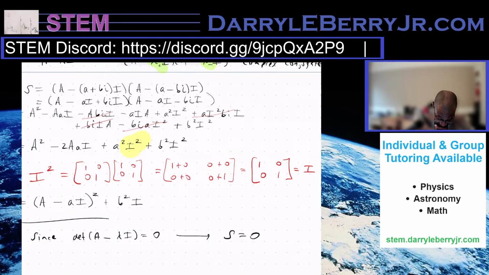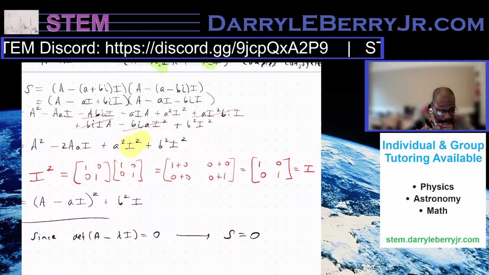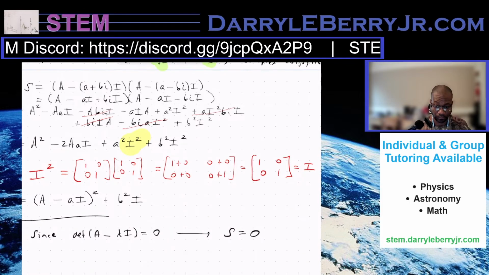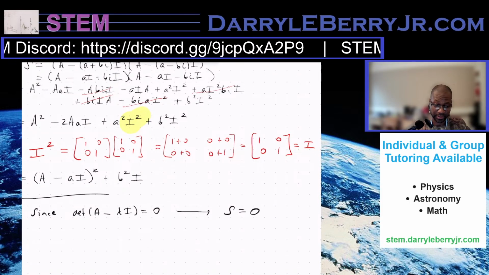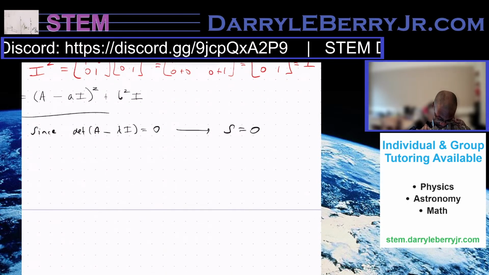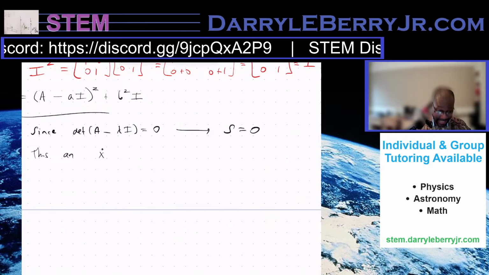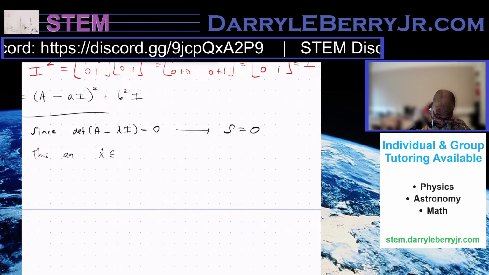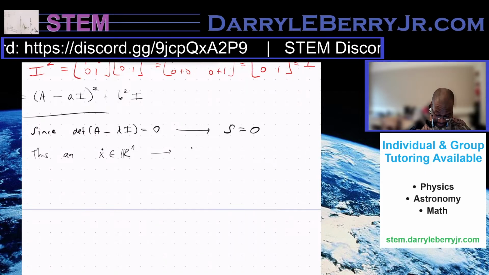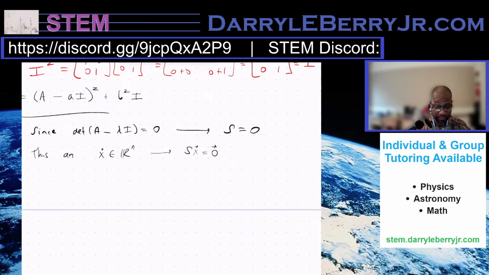Thus S is singular. So there's a non-zero vector X in R^n such that Sx equals 0.